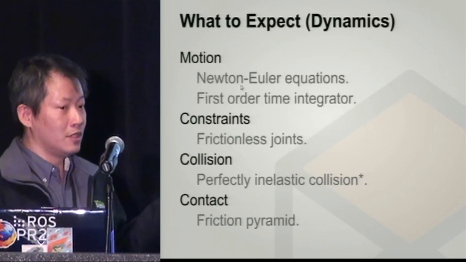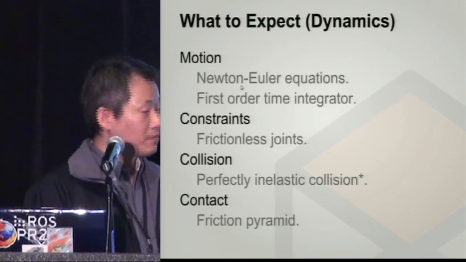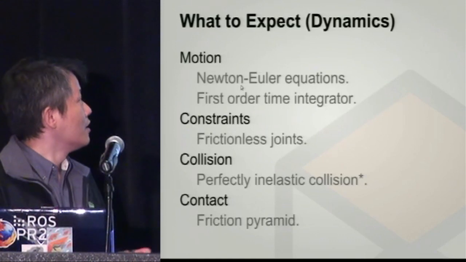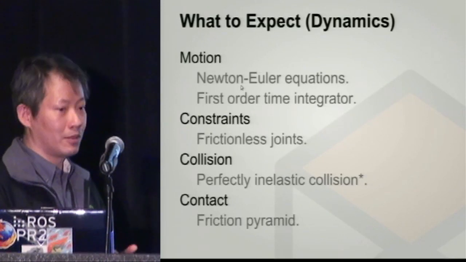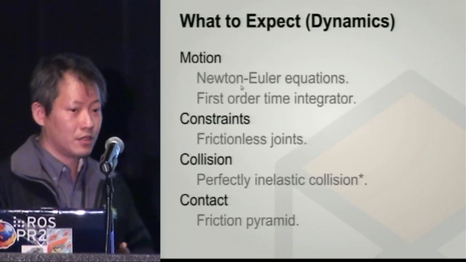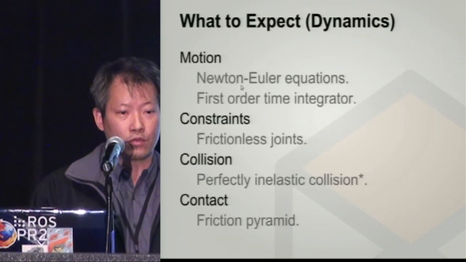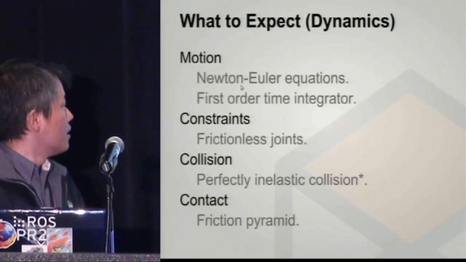So in Gazebo, the equations of motion are modeled by the Newton-Euler equations. And it's using a first-order time integration, which means your error bound goes down linearly with the time step size. The constraints currently are frictionless joints. They can be revolute or prismatic, as David mentioned earlier with the URDF intro.